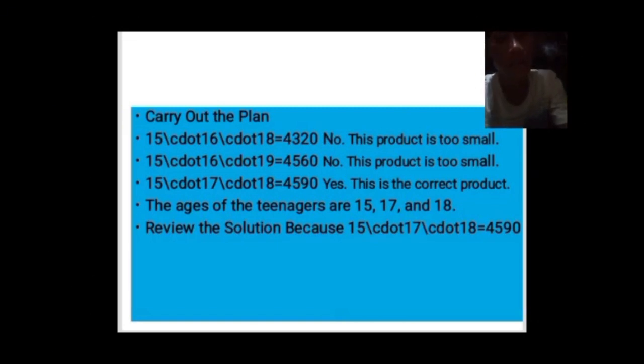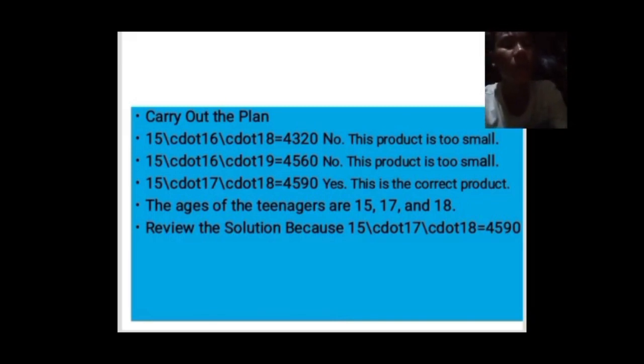This product is too small too. Next, 15 times 17 times 18 equals 4590. Yes, this is the correct product. The ages of the teenagers are 15, 17 and 18.